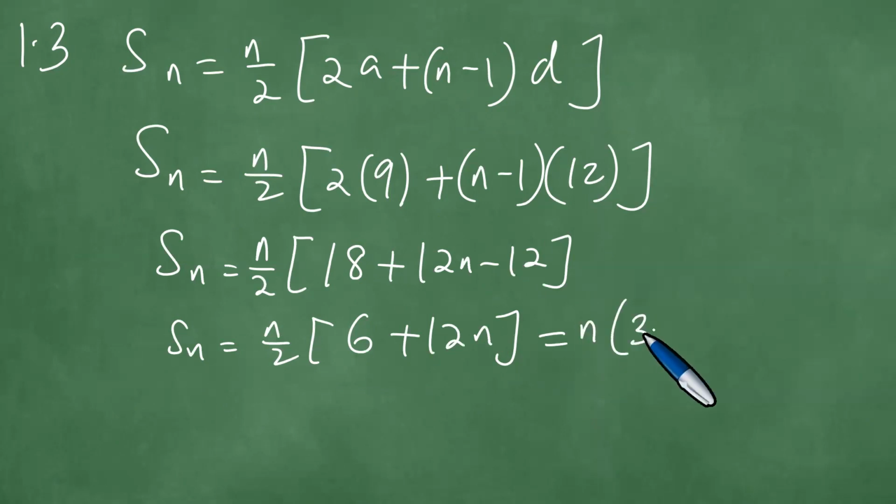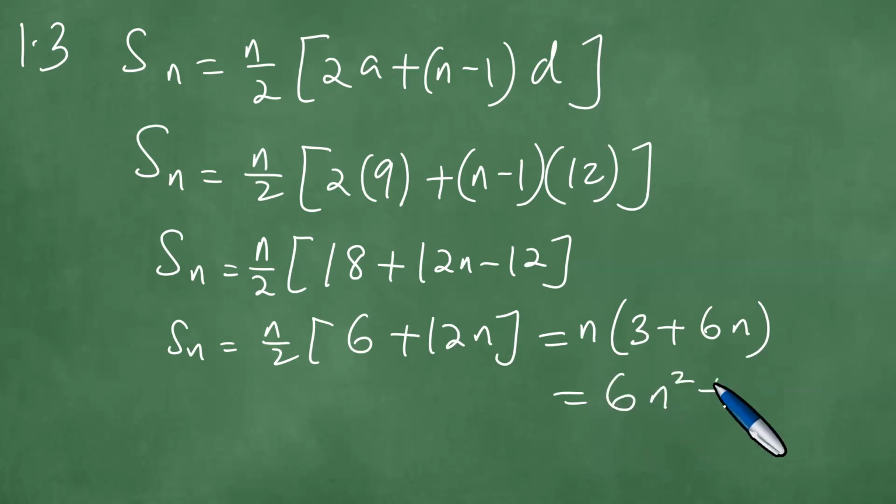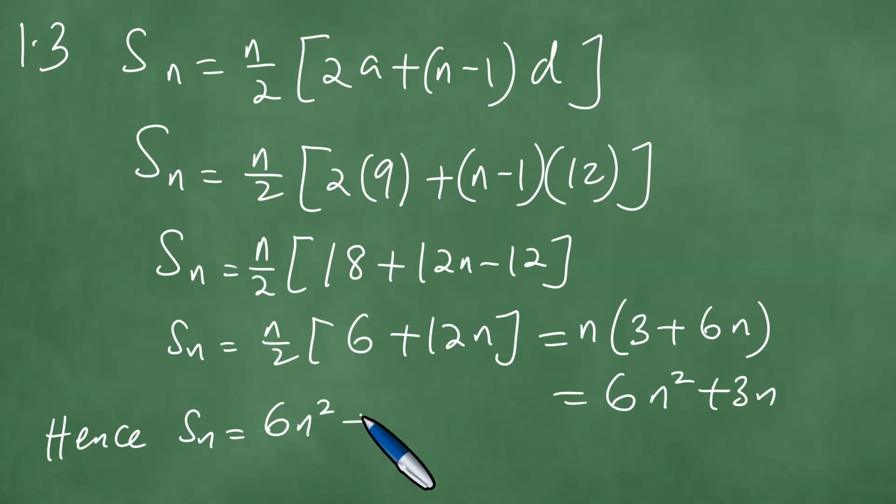Divide 6 by 2, you get 3. Divide 12 by 2, you get 6. Multiply it through by n and you get 6n squared plus 3n. Hence, the conclusion is that Sn equals 6n squared plus 3n.